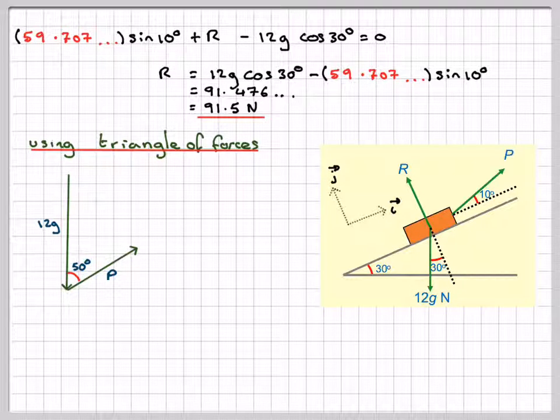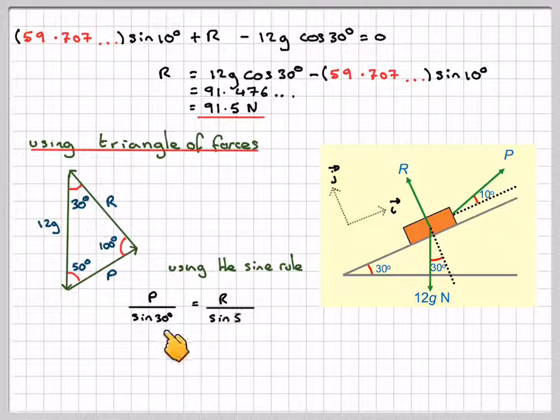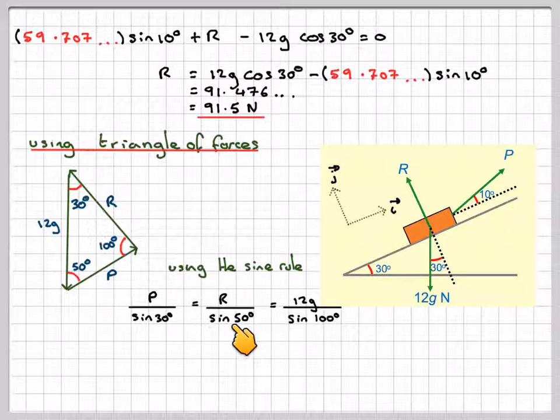The hardest thing to do with this type of method is to work out the angles. This angle here would be 30, which is the same as this one here, and therefore we can find this one by using the sum of a triangle, therefore it's 100. Then using the sine rule, we get P over sine 30 is equal to R over sine 50 is equal to 12g over sine 100.